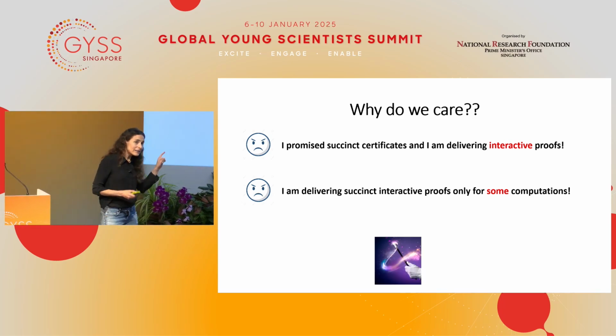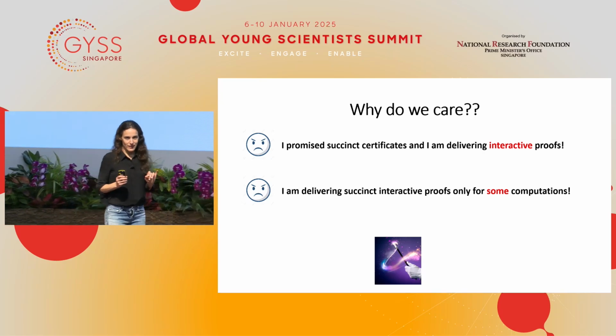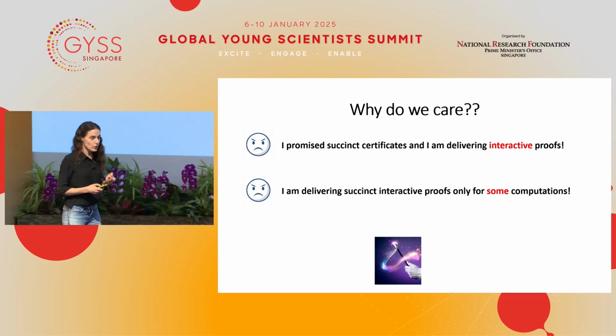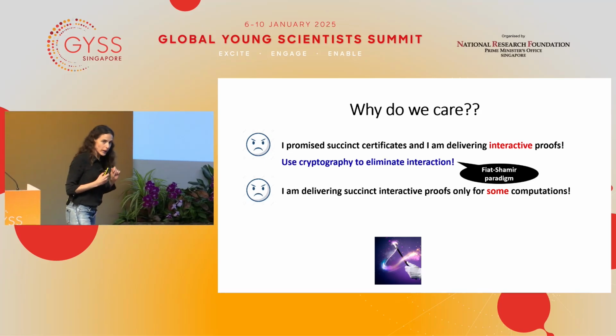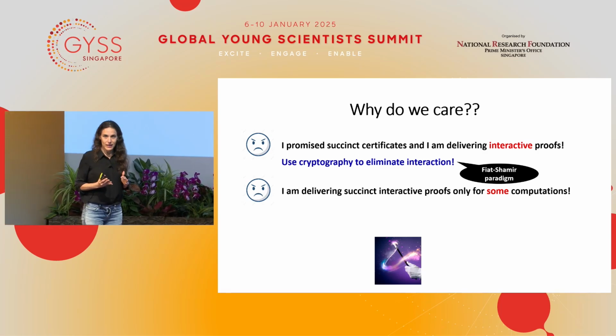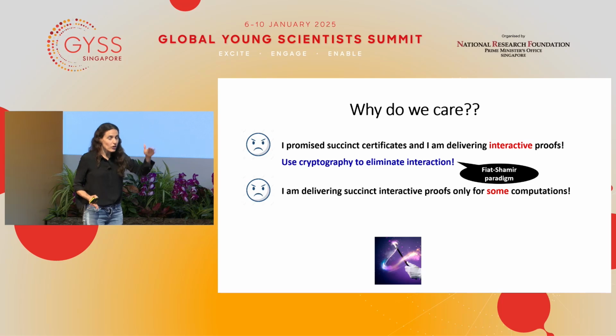So this is not what I promised. But so far, I didn't use my magic wand, and I didn't sprinkle cryptography in it. So it turns out I can use cryptography two ways. First, I can use cryptography to eliminate interaction from the interactive proof. So I'll first give you an interactive proof, and then I'll use cryptography to reduce all this interaction.